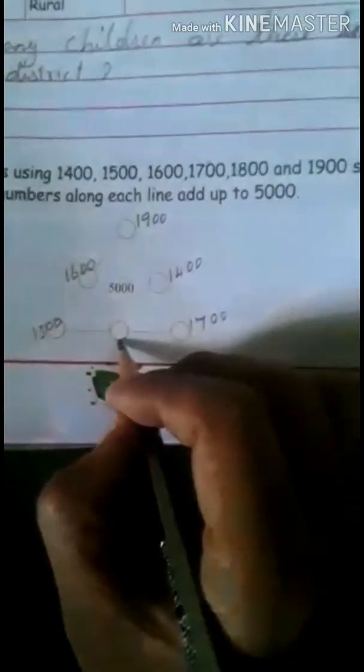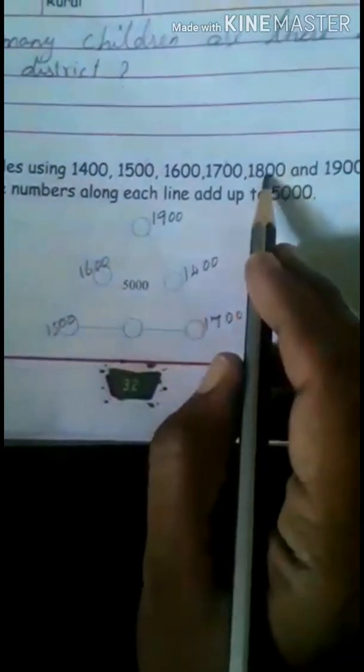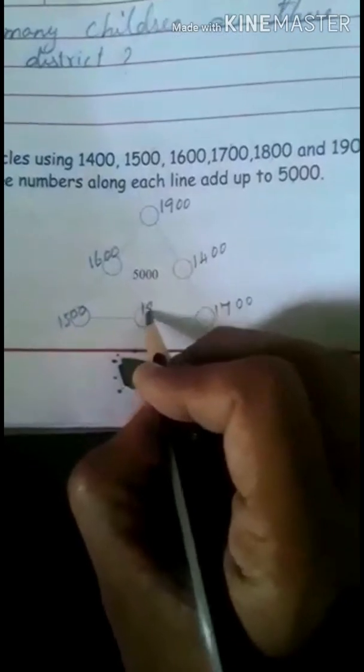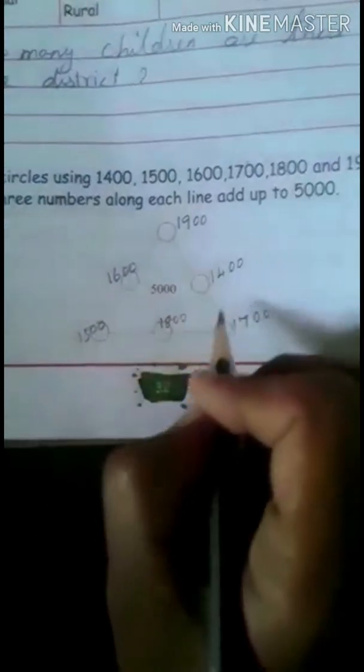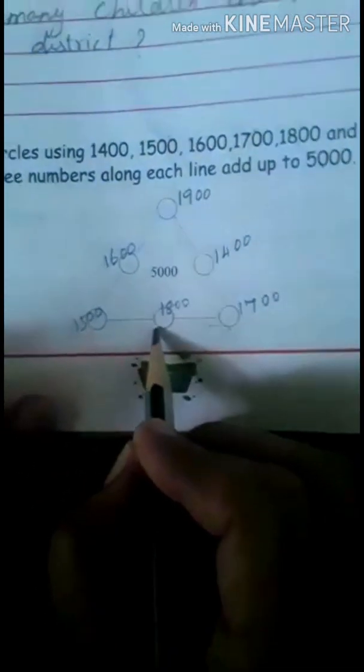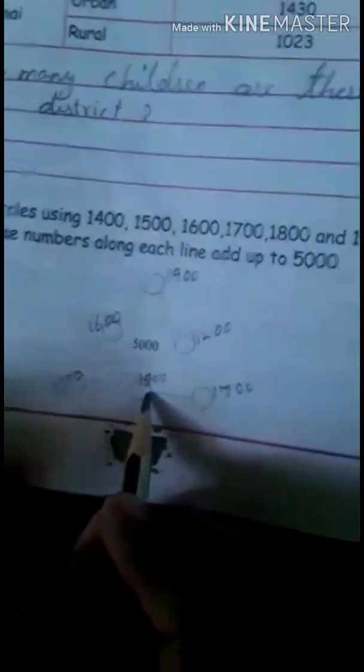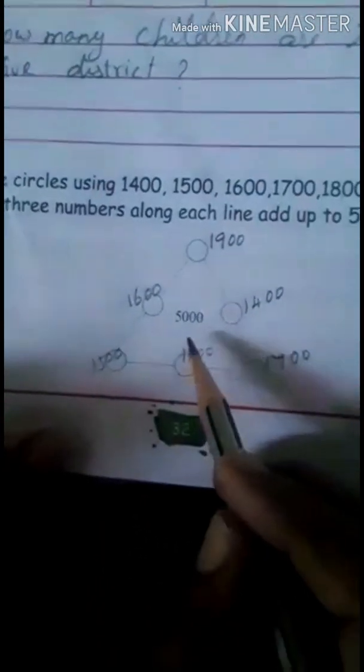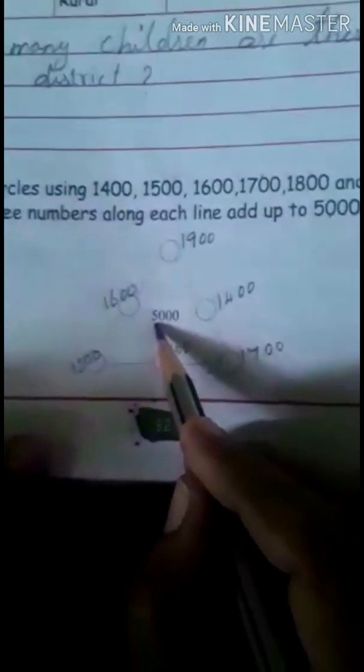Which number is remaining? 1800 is remaining. Now you add these 3 numbers. 1500 plus 1800 is 3300, and 1700, so the total answer is 5000. Okay, if we add in any order, we can get our answer 5000.